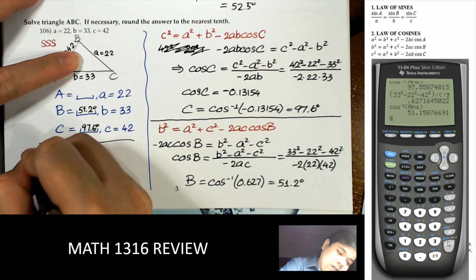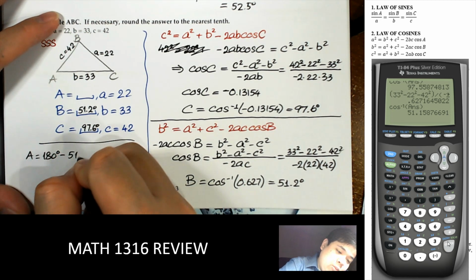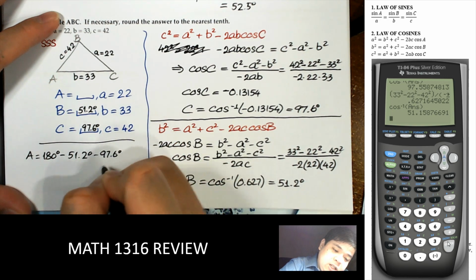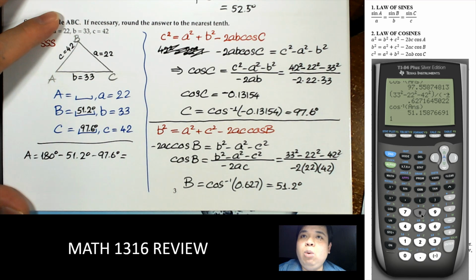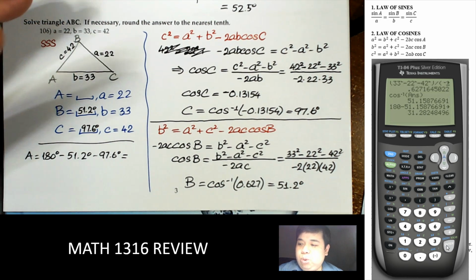A equals 180 minus 51.2 minus 97.6, and we'll have it: 180 minus this angle minus that angle, 31.3.